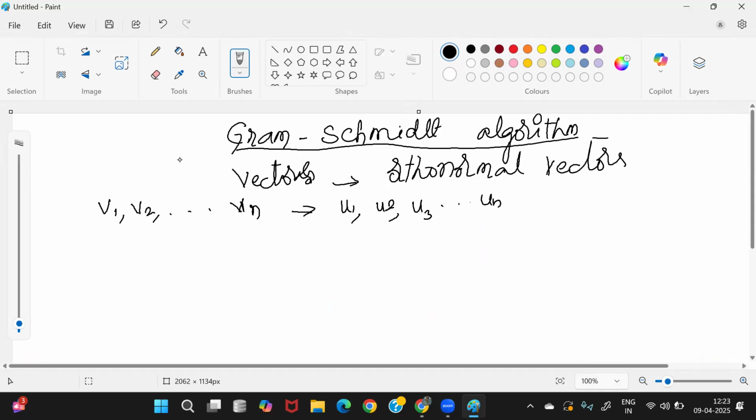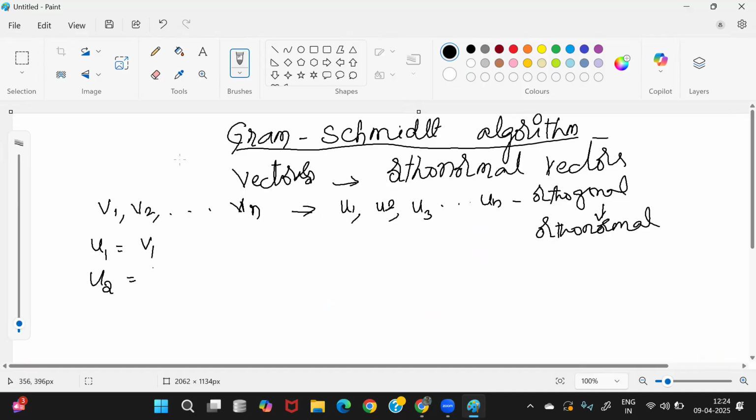The algorithm goes like this: u1 is v1, u2 is... so these are orthogonal vectors. From orthogonal, I will explain how to convert to orthonormal.